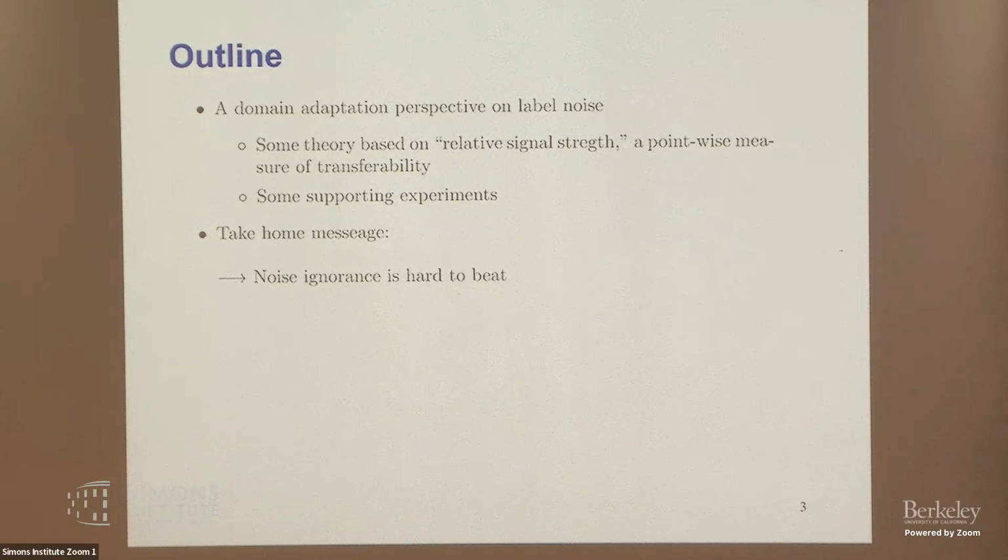The take-home message is that noise ignorance is hard to beat. In other words, just ignoring the fact that your labels are noisy and treating them as accurate labels and proceeding as usual is actually a difficult approach to beat. It may sound like a discouraging message, but in the end, we'll show it can actually, in a certain sense, lead to really good performance.